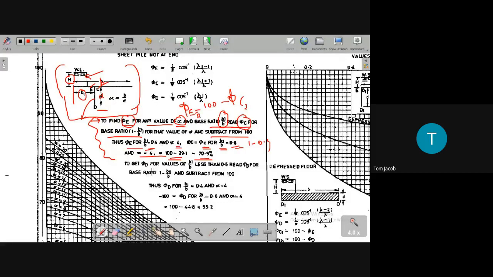After that, you have to find out the value for phi D. This is the method to find the value of phi D, that is to get phi D for values of B1 by B less than 0.5.